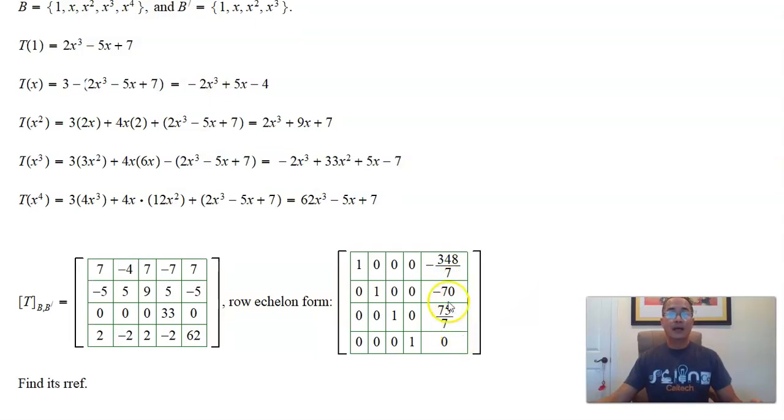Ooh, so we only have one free variable. Leading ones are found in column 1, column 2, column 3, column 4. Free variable, 5th column. All right, so there's your RREF.